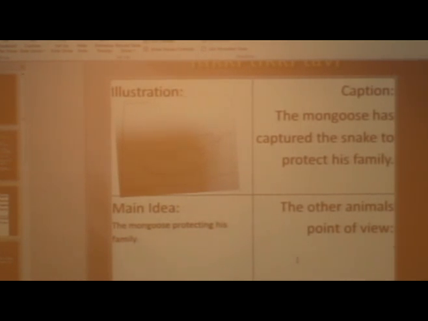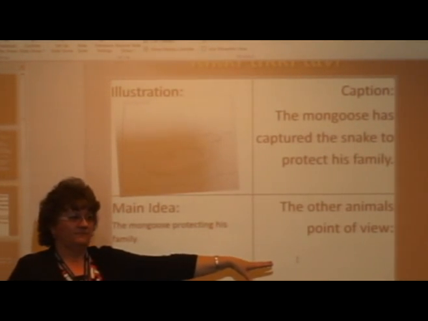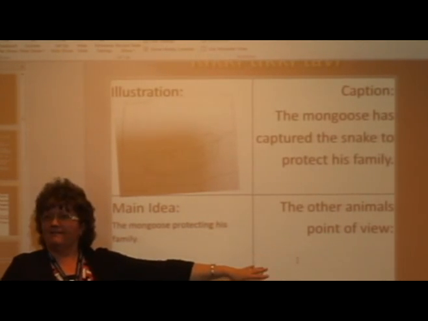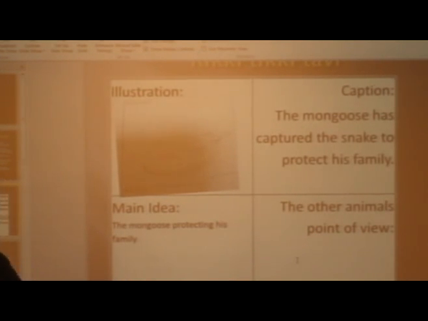So what should we put here? What's his point of view? What would you say? Anybody, child or adult? What do you want us to put there? Okay, the mongoose protecting the family. So the snake is scared.